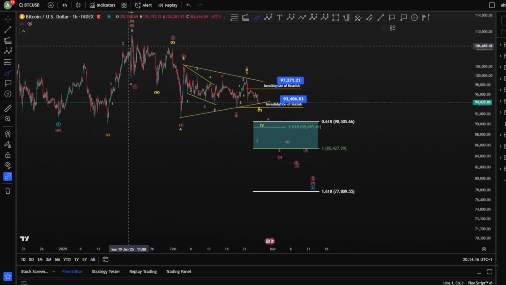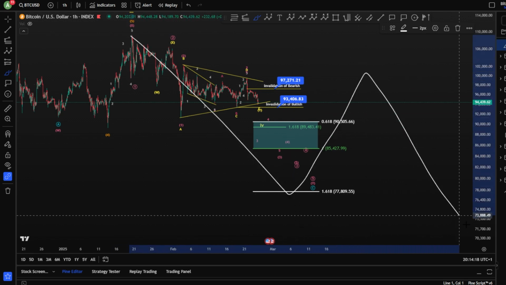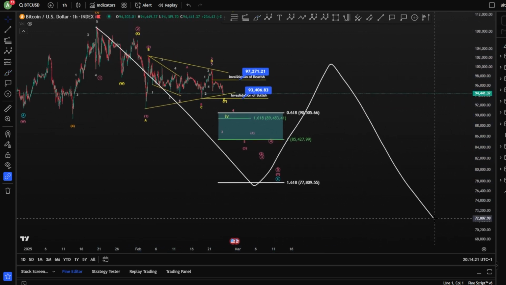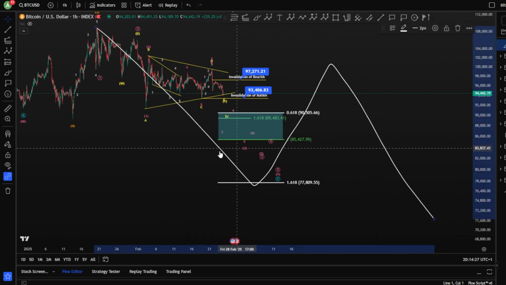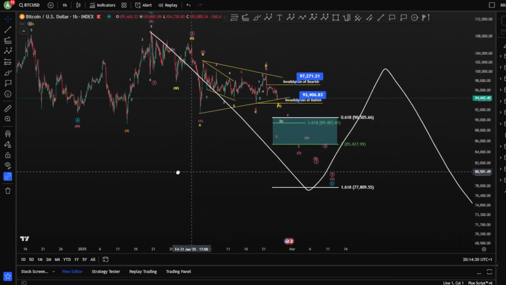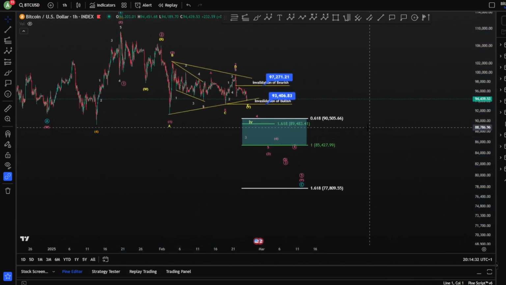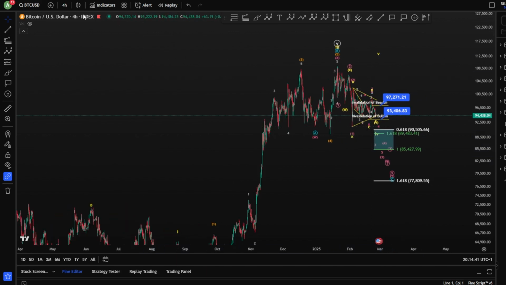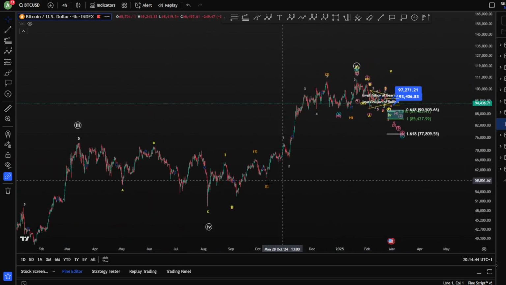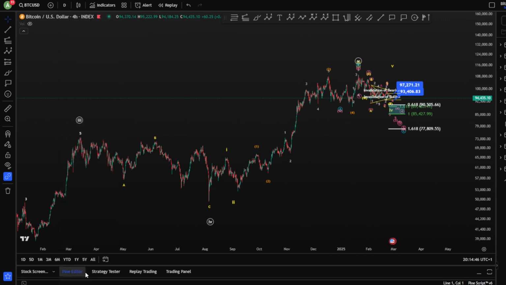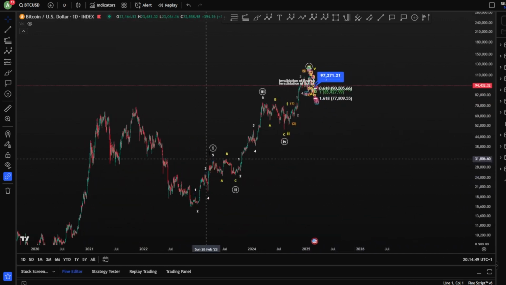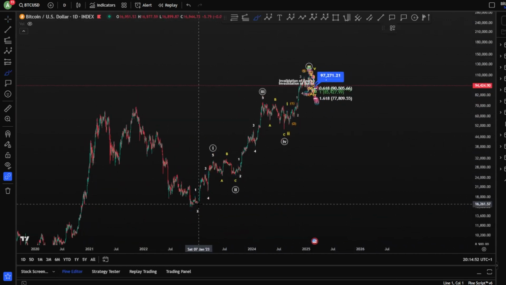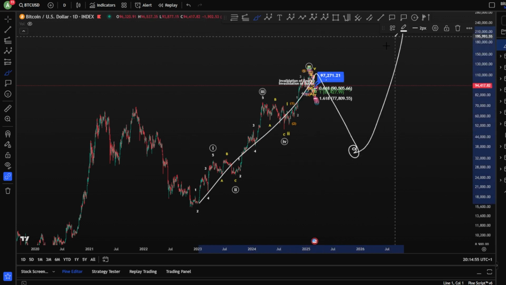Probably as per the weekly parabolic study, if you remember in the deep analysis, A, B, and a C, a big bearish market. But it's not going to be intense like any bearish market that we knew before, because what we saw in this cycle in the bull run is a wave 1 of a wave 3, which is the most explosive wave toward the upside, which is coming in the next cycle, yeah, for Bitcoin. Meaning this wave here that we got in this cycle, all of it, one moment, this one, all of it, 1, 2, 3, 4, 5, this is a wave 1 of a wave 3 towards the upside.